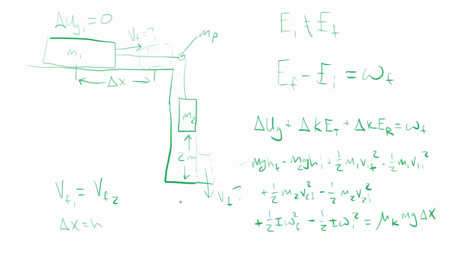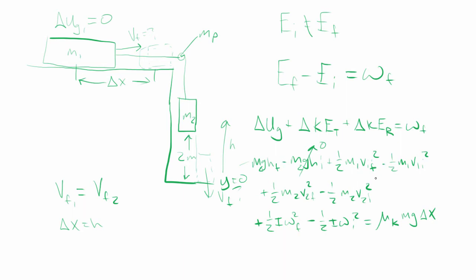I'm free to choose one of these two h's. The way that I've set this up, I've said that this is y equals 0 and that this is at some height h. By doing that, I'm saying that the initial position of mass 2 is 0. Nothing new here. You've done this before in a previous example. And then height final is h.